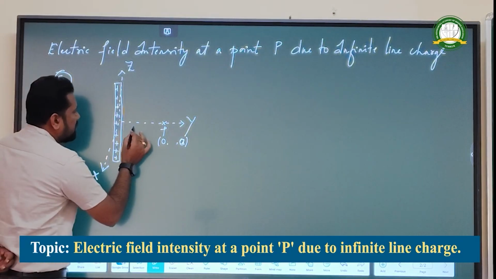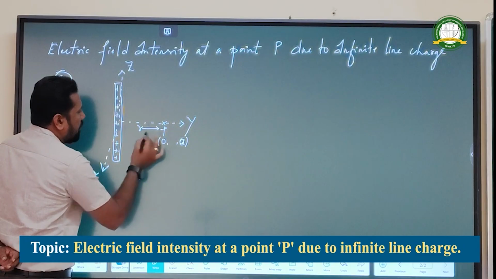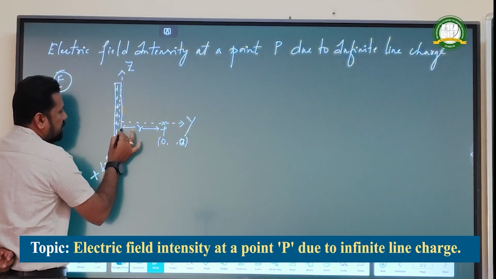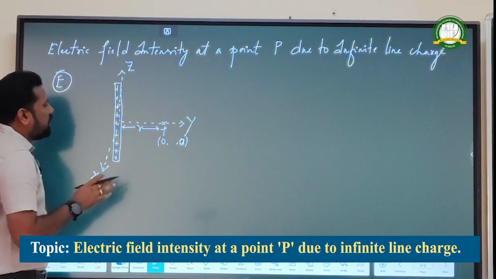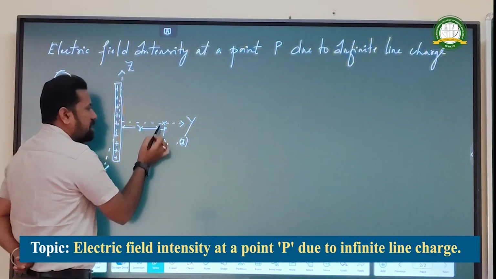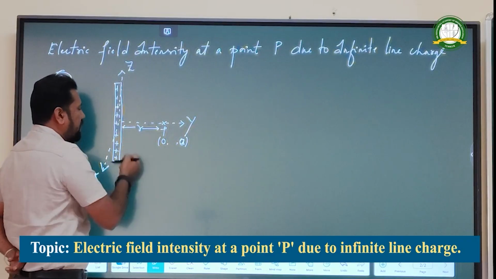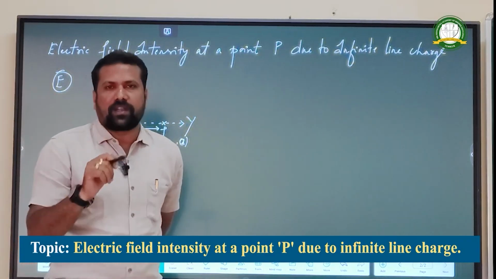Let us assume the distance between the point P and the infinite line charge is r. Here it is difficult to find the electric field at this point due to infinite line charge, because without knowing the length of the line, it is quite difficult.